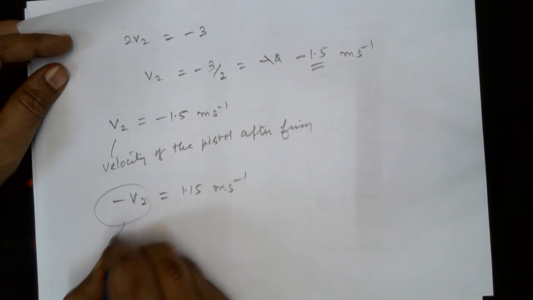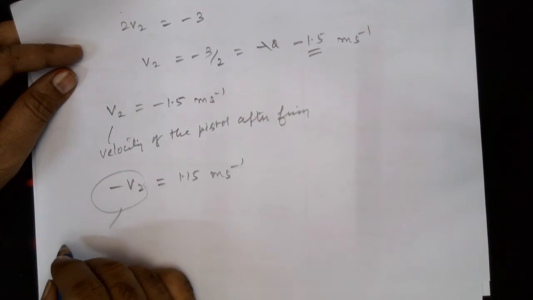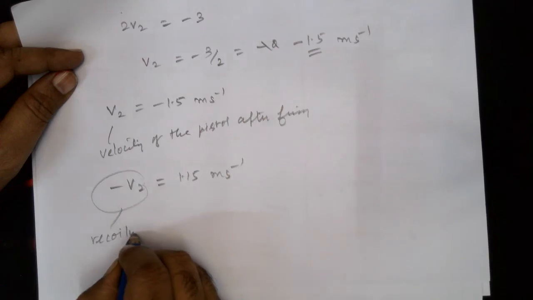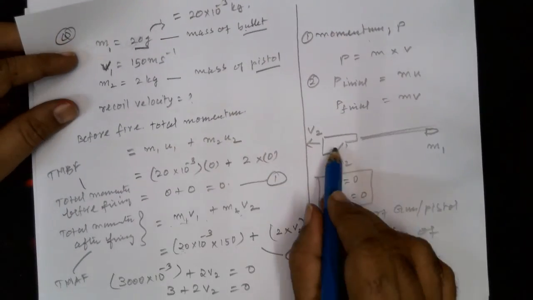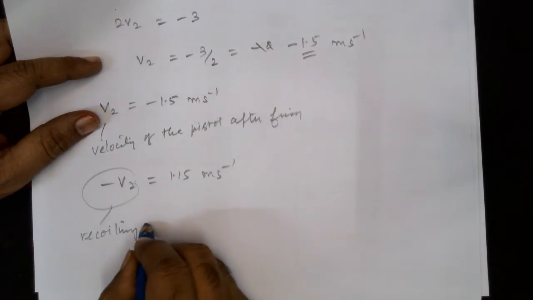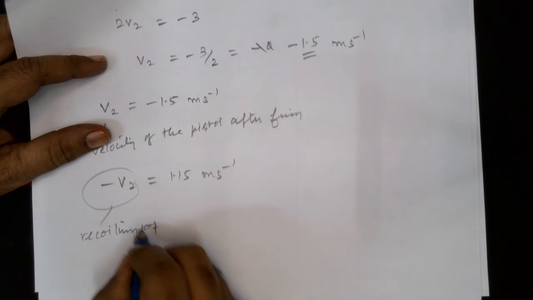So this minus V2 can be called the recoiling velocity. Are you able to follow? Because it is moving in the opposite direction. When you fire the bullet, the recoiling will be in the opposite direction. And that is why we have taken recoiling of pistol.